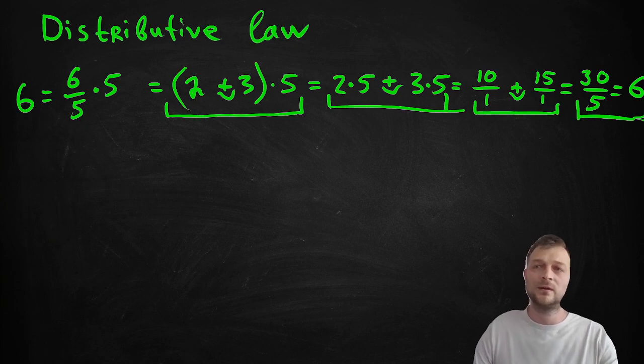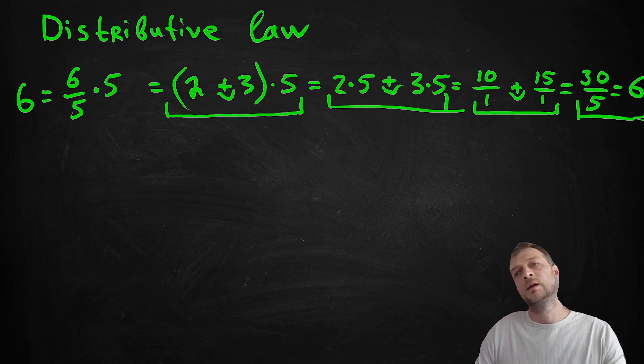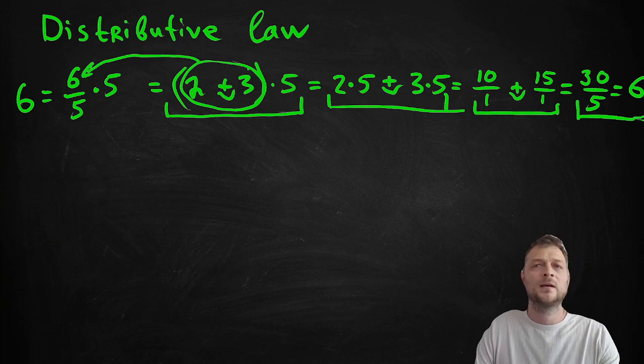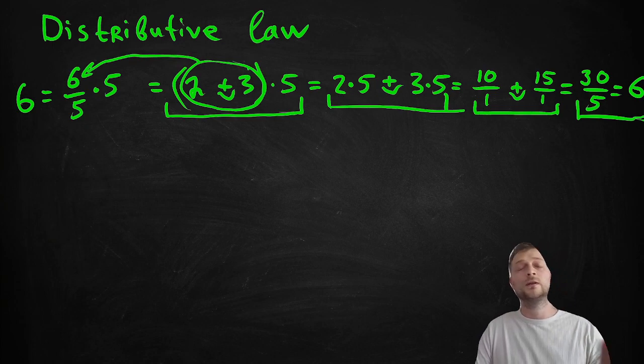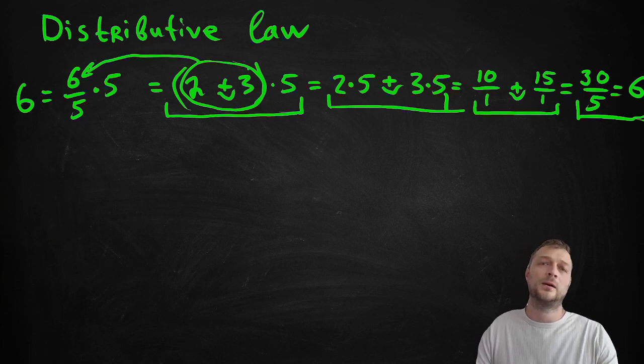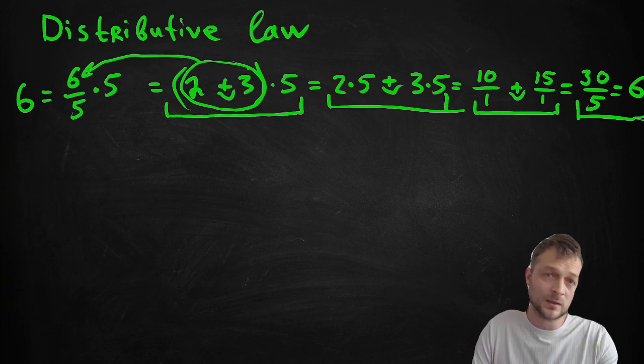You can just verify that that's true. On the left hand side I can first sum what is inside the parentheses. It will be 6 over 5, and then I multiply by 5 and I get 6 again. So in general the distributive law just works fine for our new addition operation.